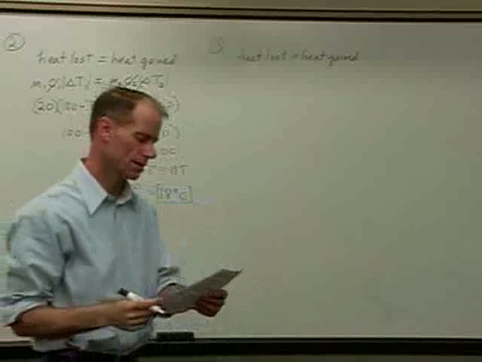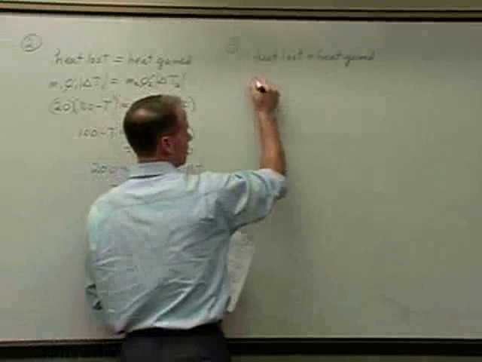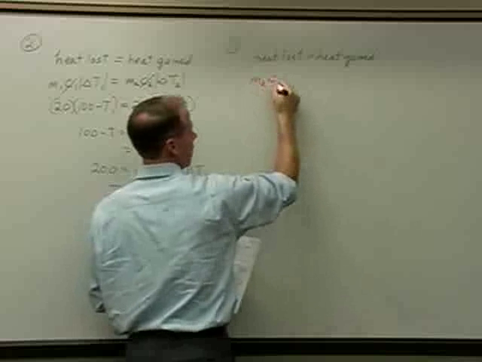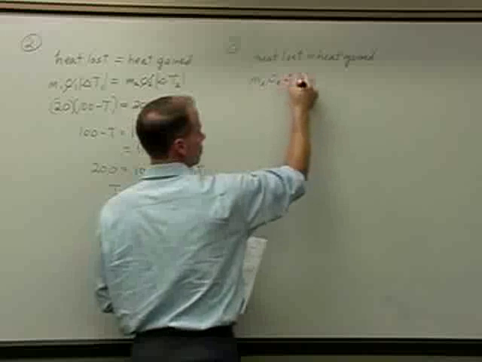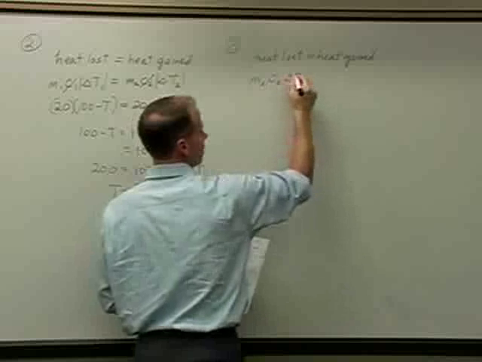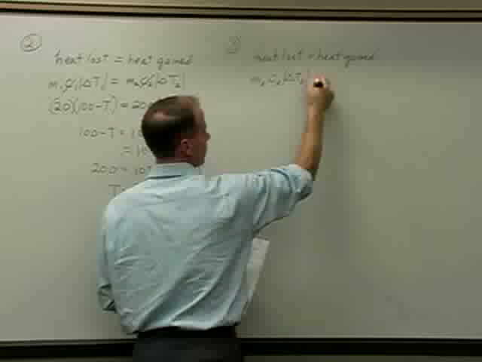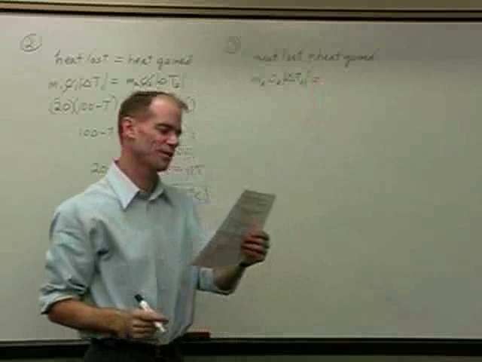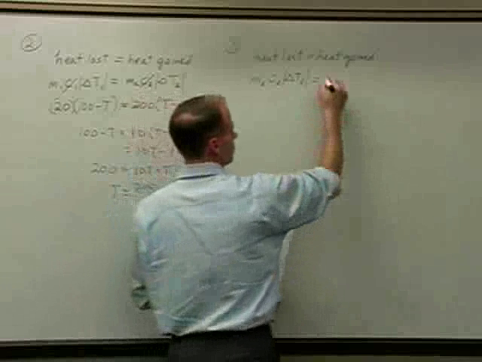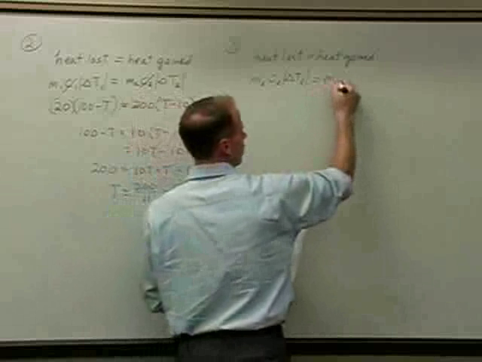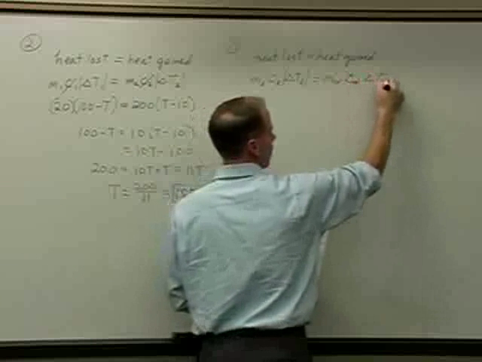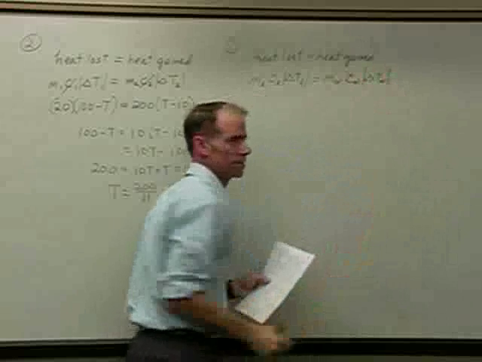I can write this as the mass of the lead times the specific heat of lead times the change in temperature of the lead. I'm using an L subscript instead of a Pb. It should equal the heat gain, which would be the mass of the water times the specific heat of water times the change in temperature of the water, at least in magnitude.